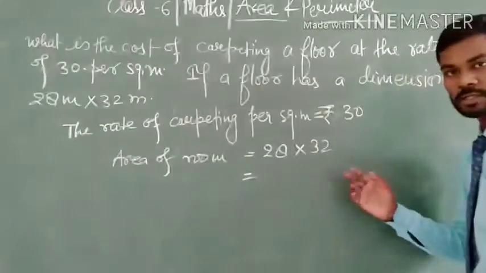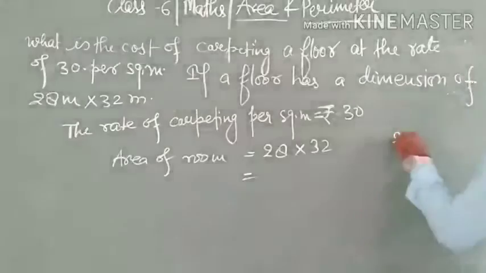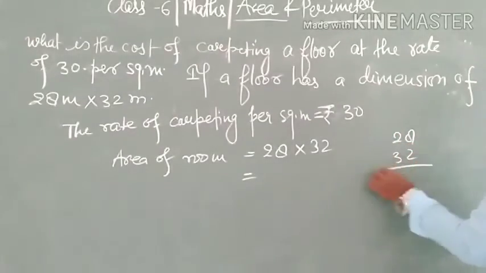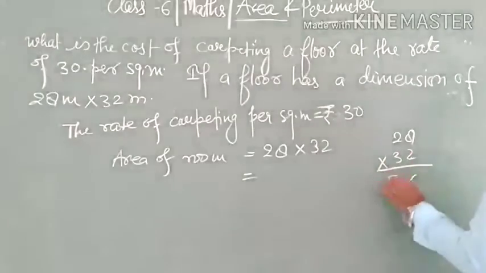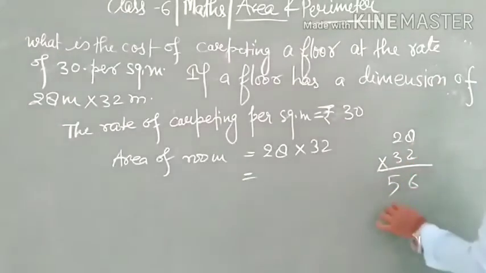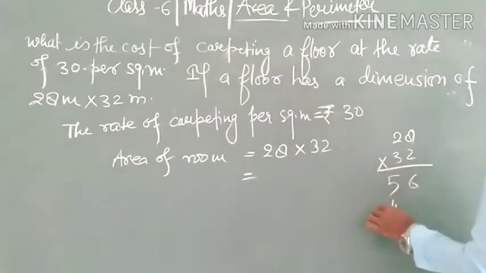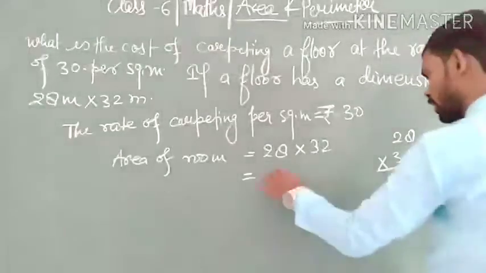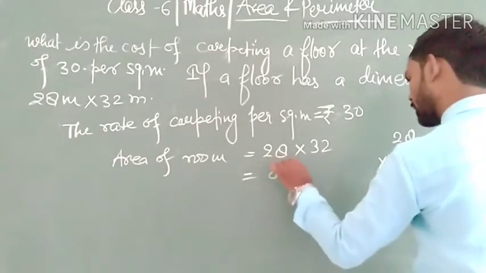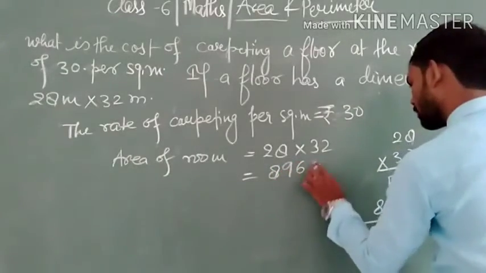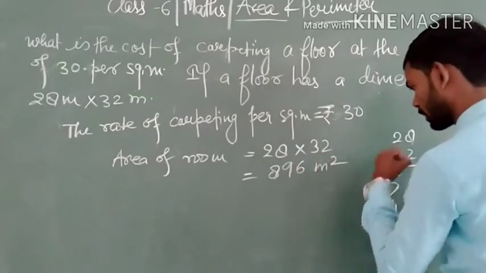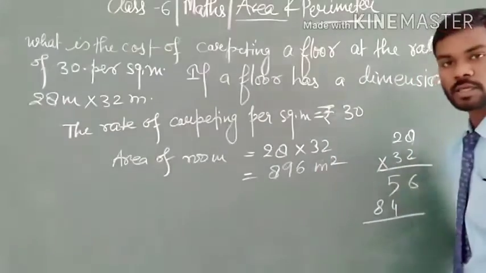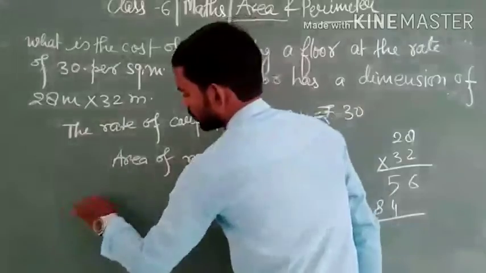Now let us see the multiplication. 28 multiplied by 32. 2 8s are 16. 2 2s are 4 plus 1 is 5. 3 8s are 24. 3 2s are 6 plus 2 is 8. So here we get 896 meter square. This is the area.